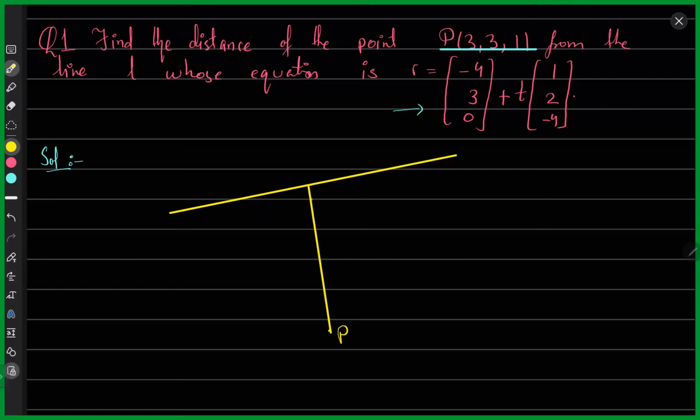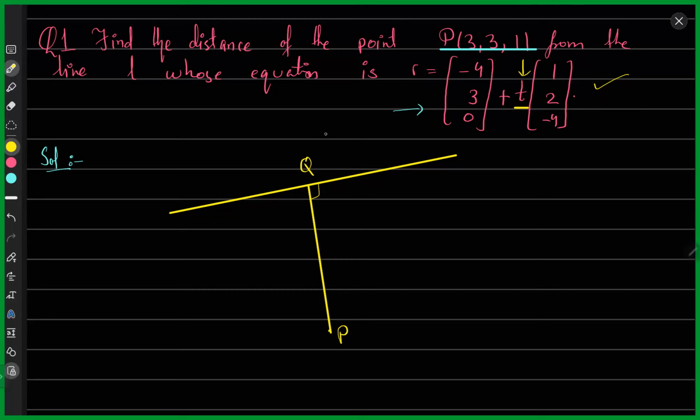For this distance, I need to have this point Q. And initially, I am just going to make an assumption and say that Q is (-4 + t, 3 + 2t, -4t), right? I'm just going to take this as Q using t and I'll see what value of t I get when I use the assumption that the dot product of the direction vector of the line (1, 2, -4) and PQ is equal to 0.